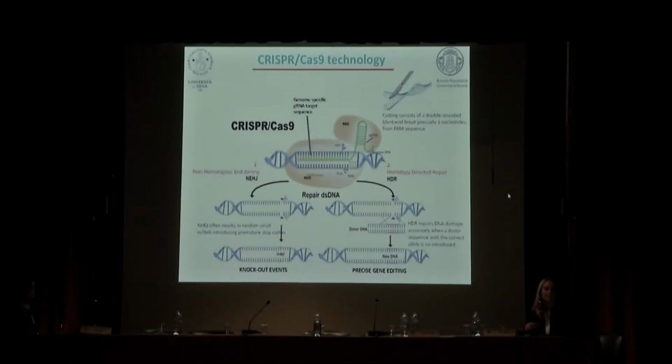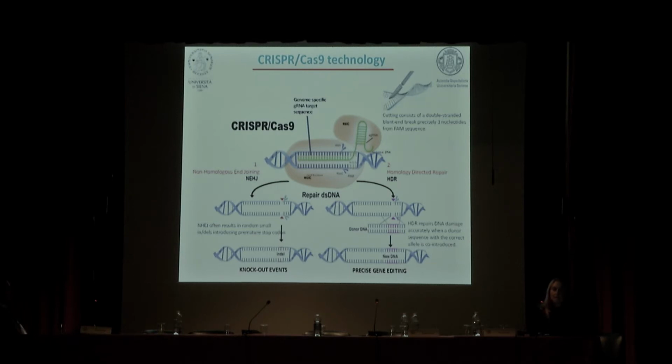Okay, so briefly, today CRISPR-Cas9 technology is a powerful approach to perform gene editing. Simply, the introduction of a guide RNA can allow programming the Cas9 to introduce a site-specific double-strand break virtually anywhere in a genome where a PAM sequence is located.